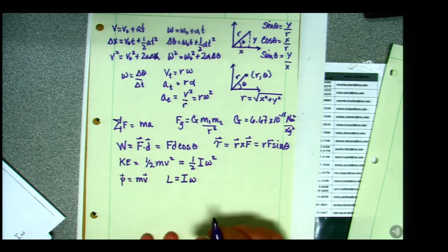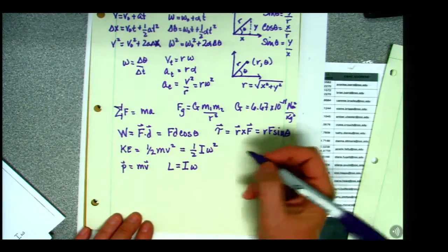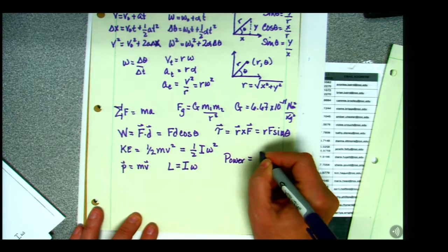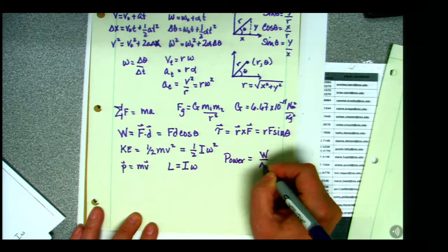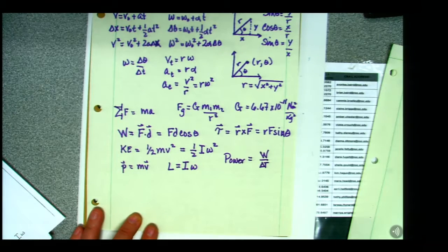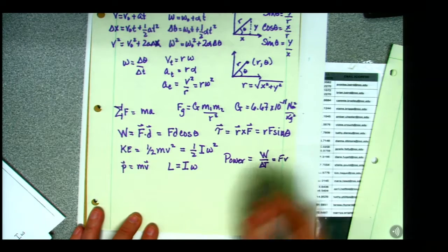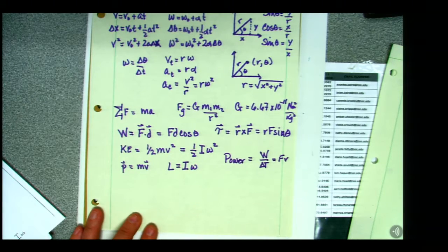We've got power is equal to the work divided by the change in time, or we can look at it as force times velocity, even though we didn't use it that much.